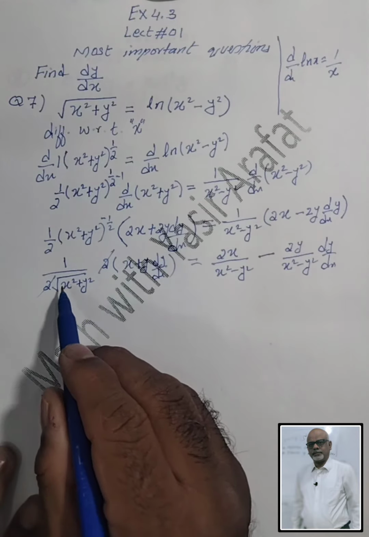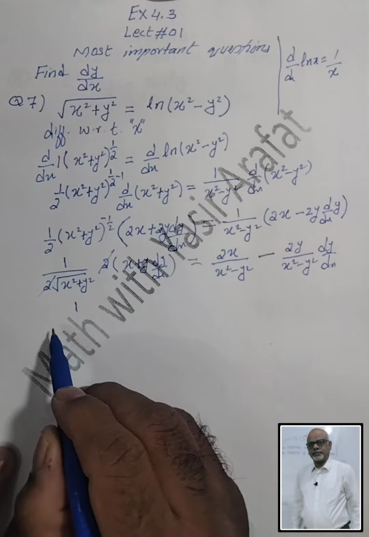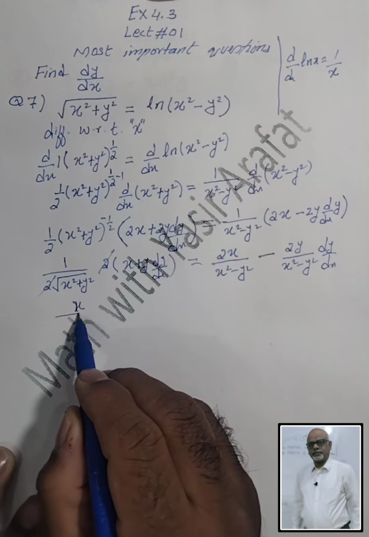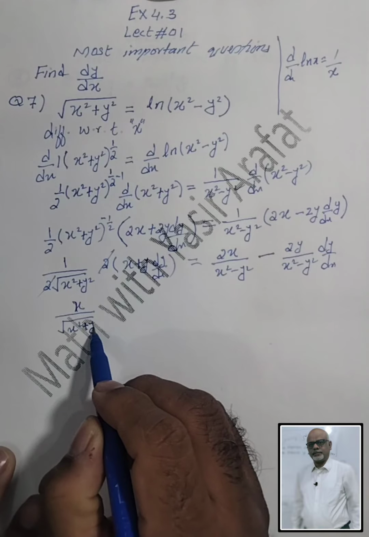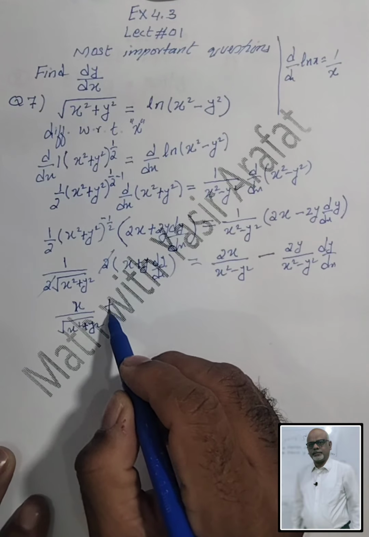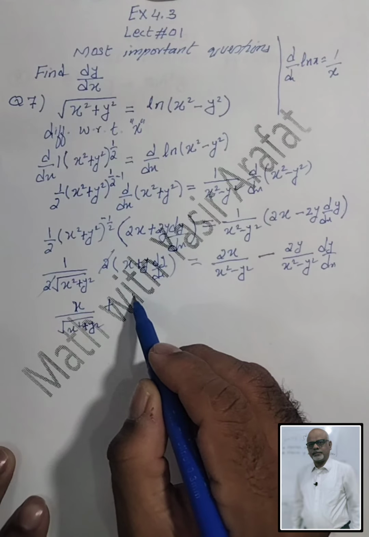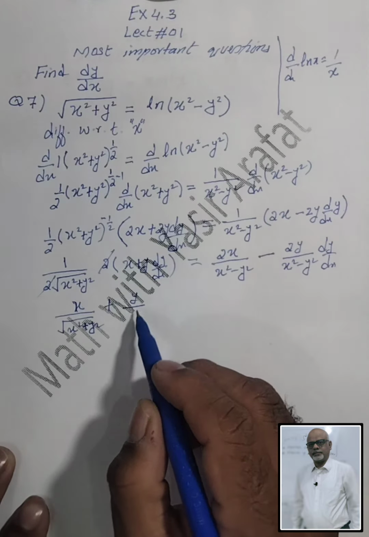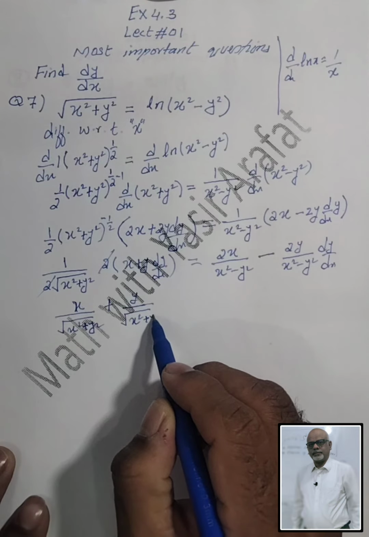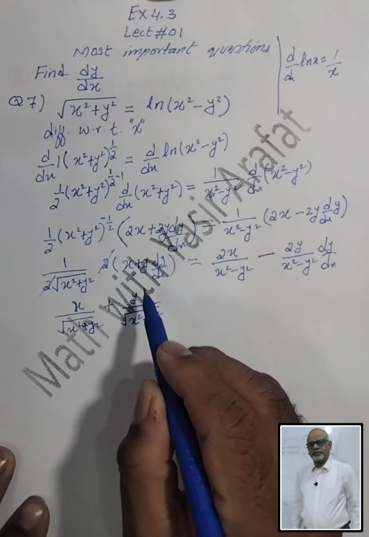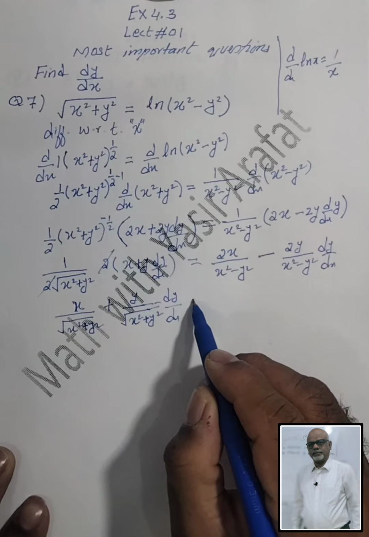So 1 over radical x square plus y square multiplied by x, so it will be x over x square plus y square. Similarly 1 over radical x square plus y square multiplied by y, so this will be equals to radical x square plus y square multiplied by y, and dy upon dx remains same.